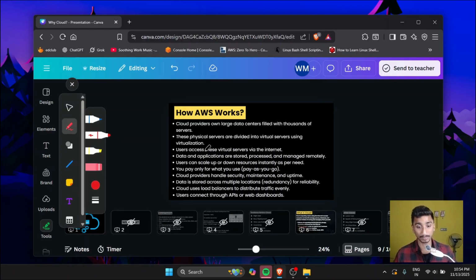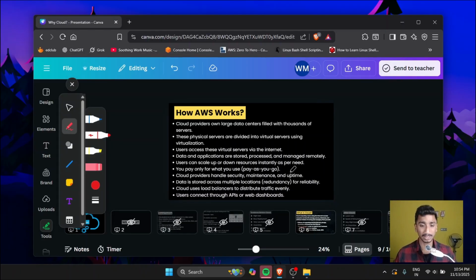Users can scale resources up and down instantly as per need. You can also use the pay as you go model. Cloud providers handle security, maintenance, and uptime. Data is stored across multiple locations to maintain seamless performance. Cloud uses load balancers, and users connect through APIs and dashboards.